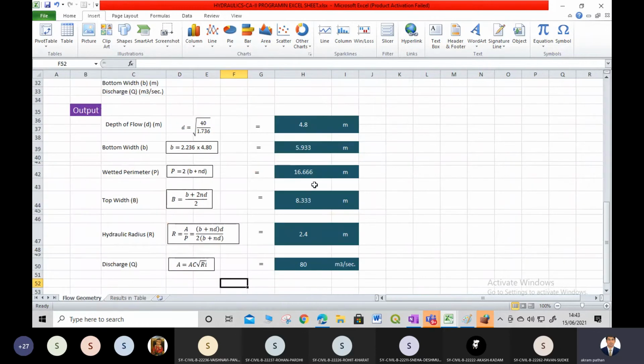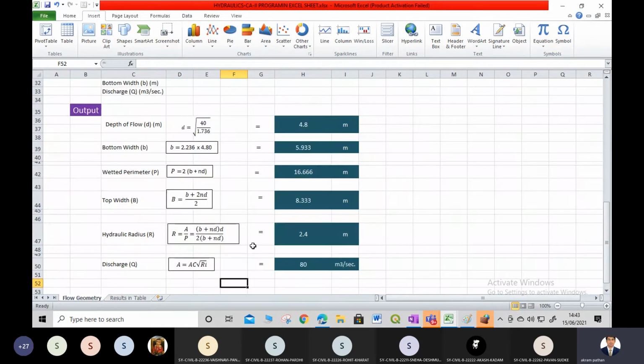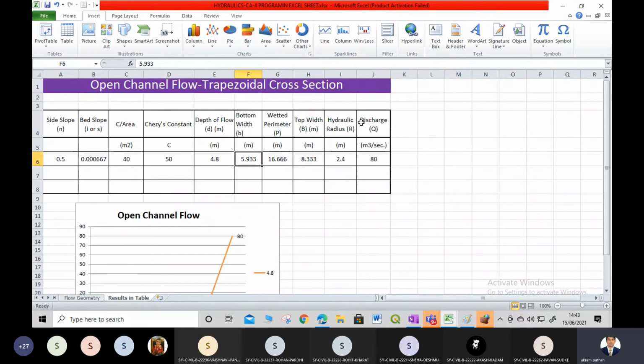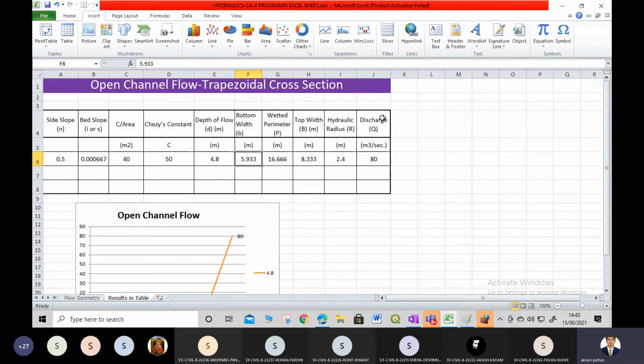Then also we have calculated wetted perimeter 16.666. Then we also calculated the top width 8.33. Then hydraulic radius 2.4, and lastly we have calculated the discharge 40. So in this way there is a complete table. We will get the result in the table.